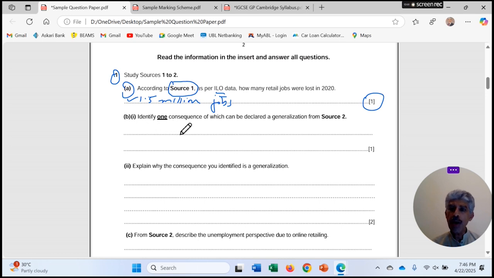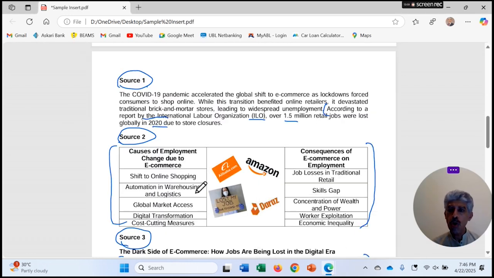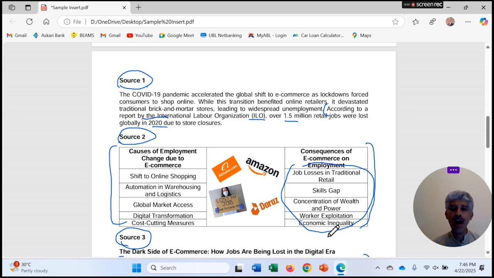Then: identify one consequence which can be declared as a generalization from Source 2. So now we'll go to Source 2 over here, and these are the consequences of e-commerce, and students will be able to find out which one is a generalization.